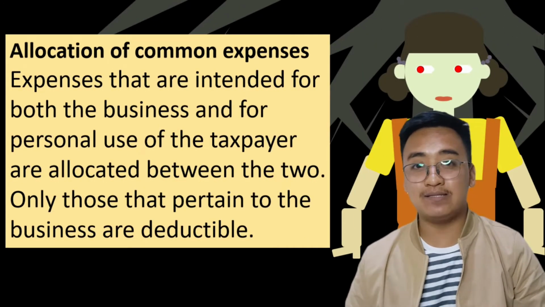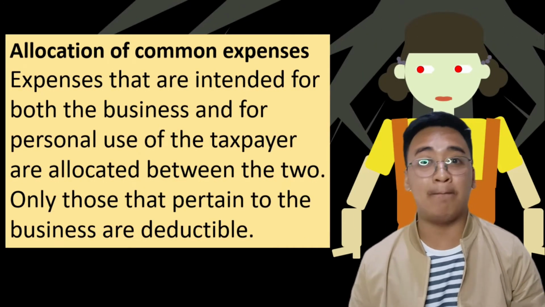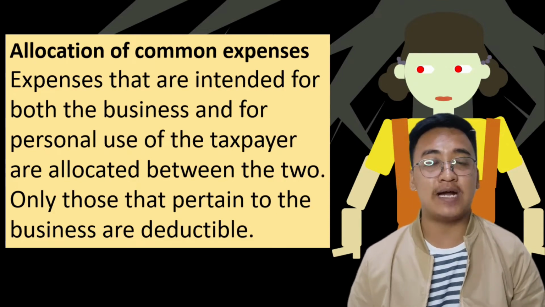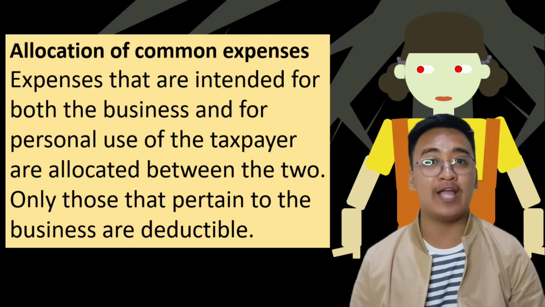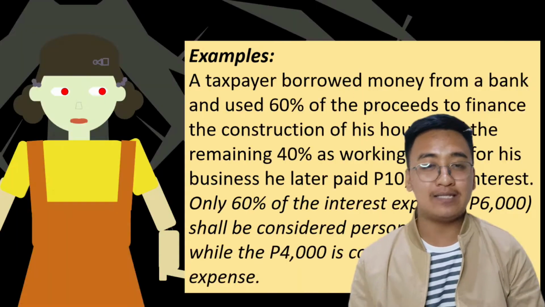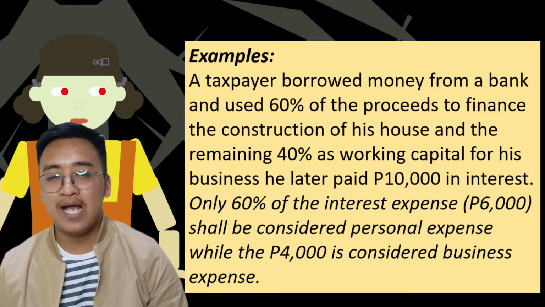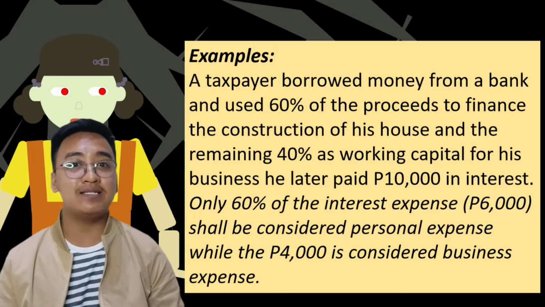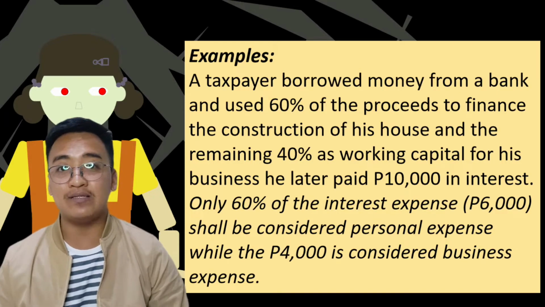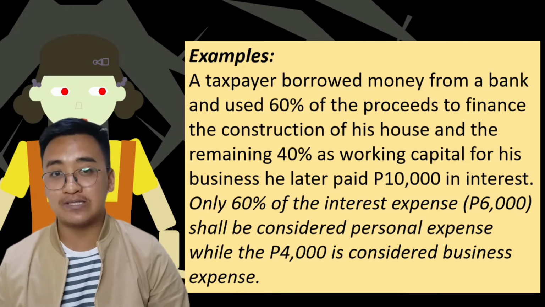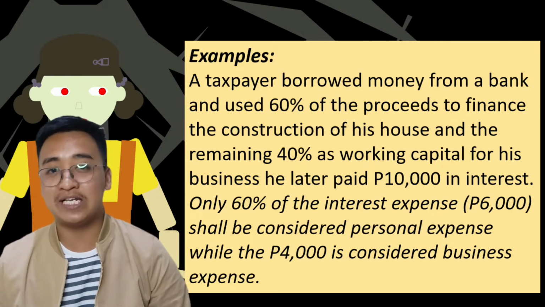If these expenses are intended for both business and personal use, they are allocated between the two, and only those that pertain to the business are deductible. Let's say, for instance, a taxpayer borrowed money from a bank and used 60% of the proceeds to finance the construction of his house and the remaining 40% as working capital for his business.